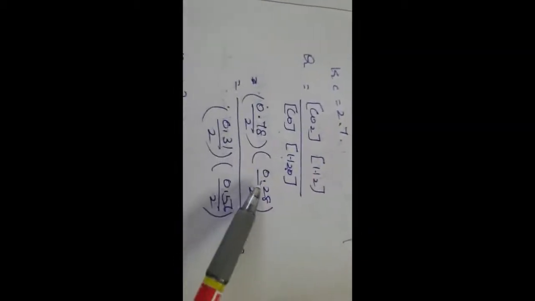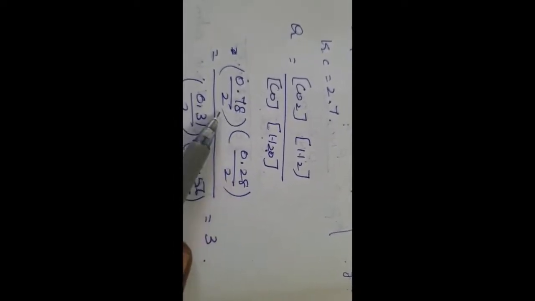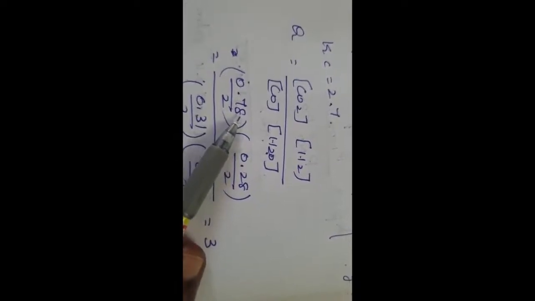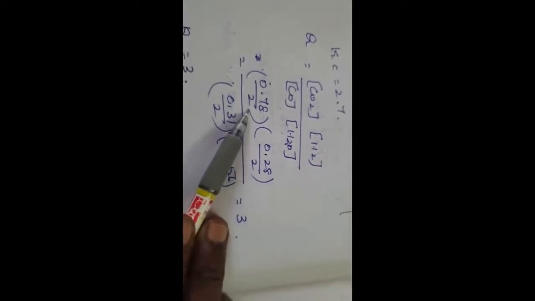Then substitute here: carbon dioxide is 0.78 divided by 2. How do you get divided by 2? This is the number of moles present in 2 liter, so dividing gives the amount present in 1 liter, because concentration is equal to the number of moles divided by volume. 0.78 moles of carbon dioxide are present in 2 liter.